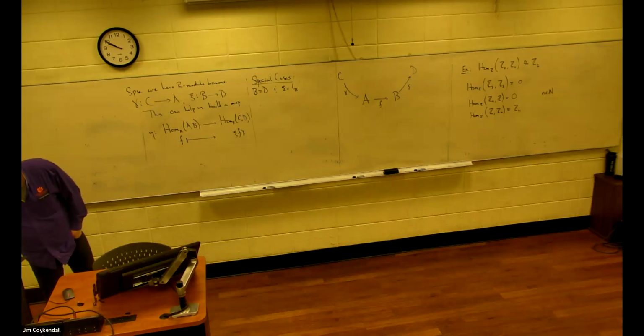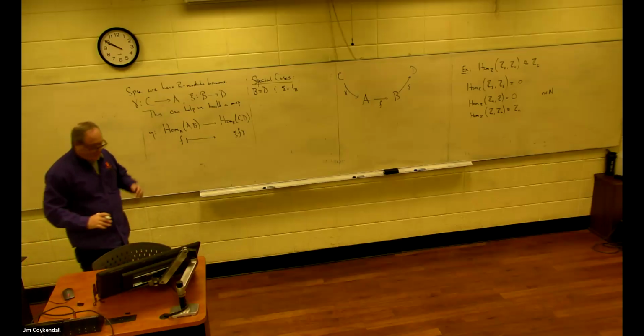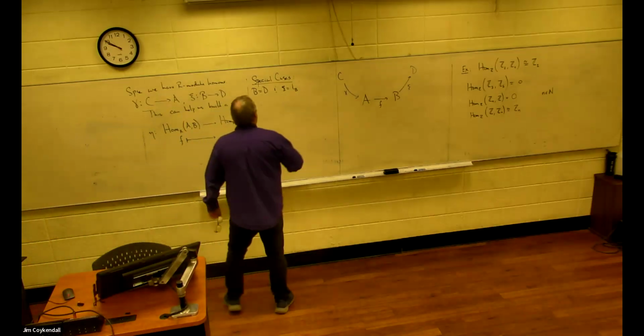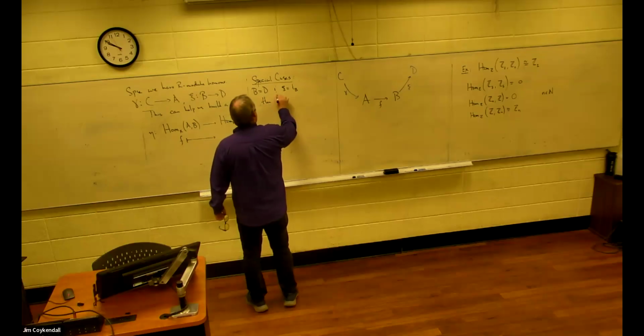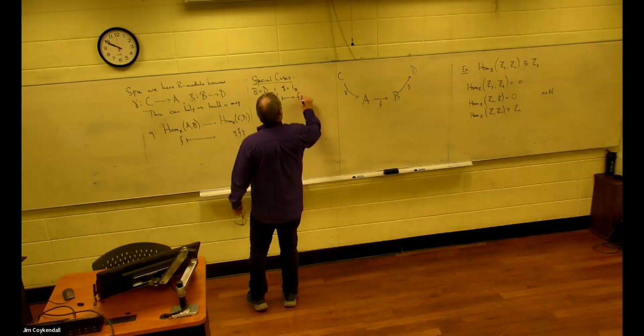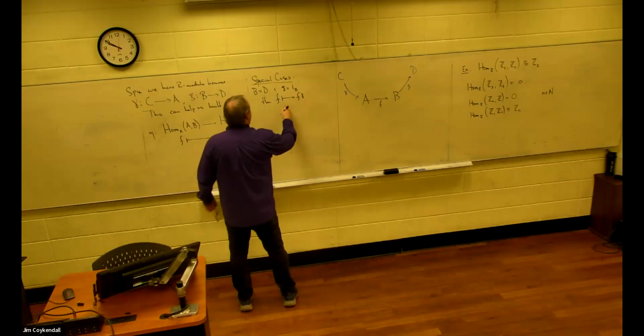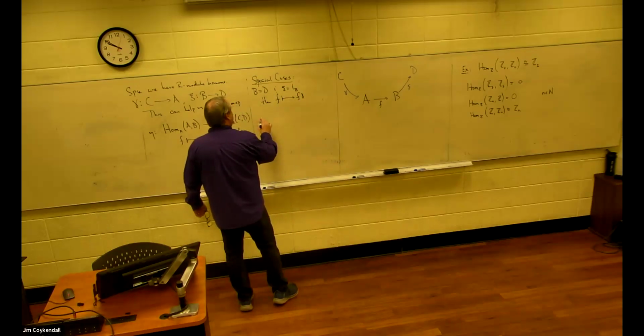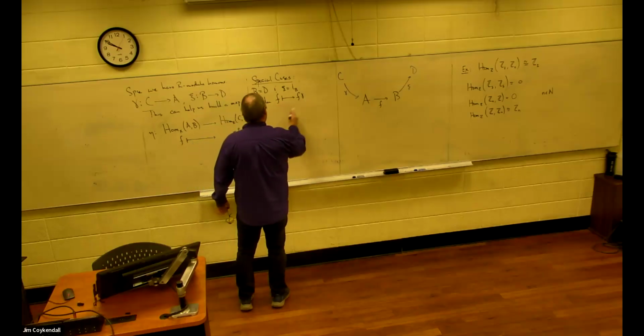Then this map becomes what is sometimes called the map induced by gamma.